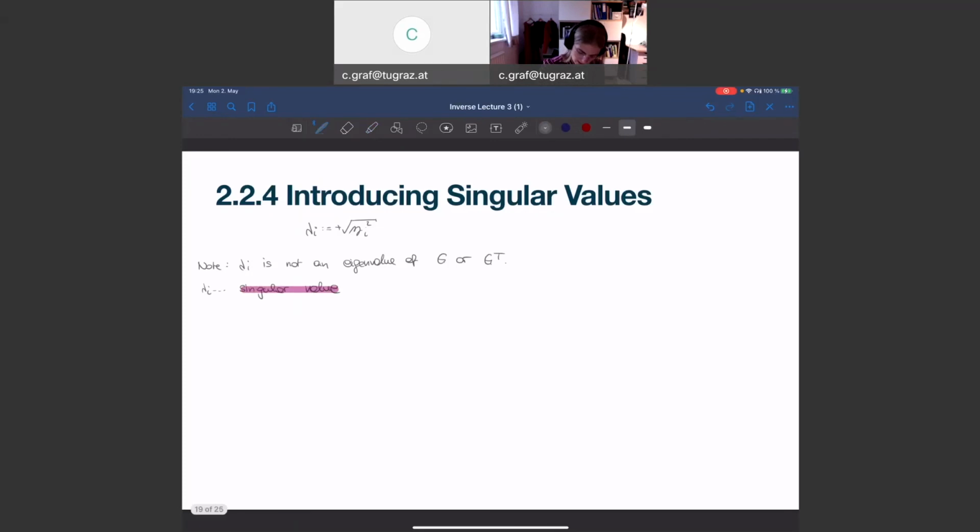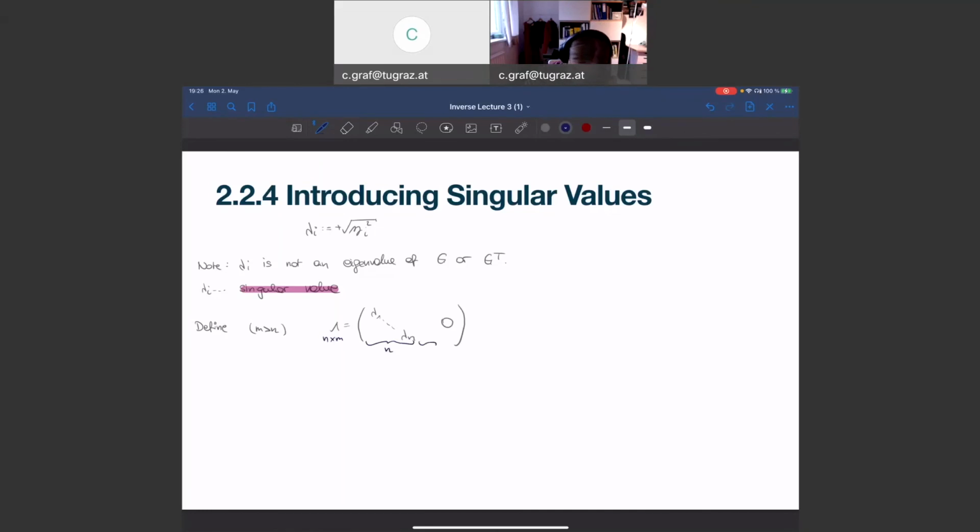Now, once again, we define a matrix corresponding to the lambda i's. And we have here two cases. Case 1, m greater than n. Here, lambda is given as lambda 1 to lambda n, and 0 here. Thereby, we have lambda being an n by m matrix.